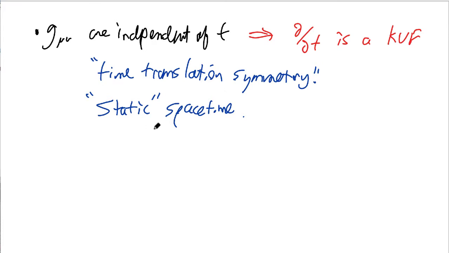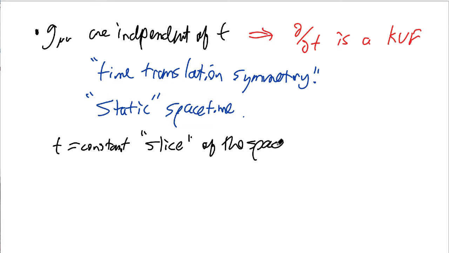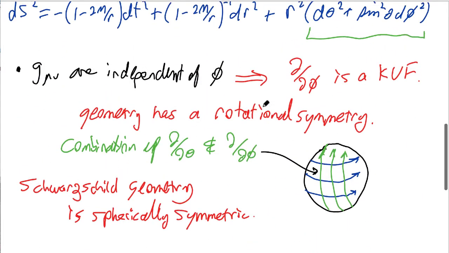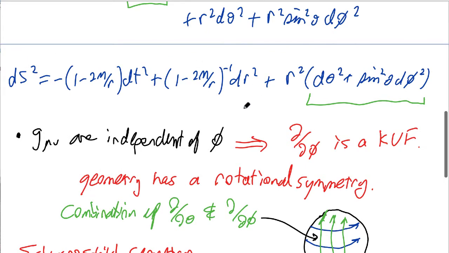And the word static comes from the following consideration. If we look at a t equal constant slice of the spacetime, so in other words, I just look at the line element or the metric for setting t equal to constant, then dt is 0.